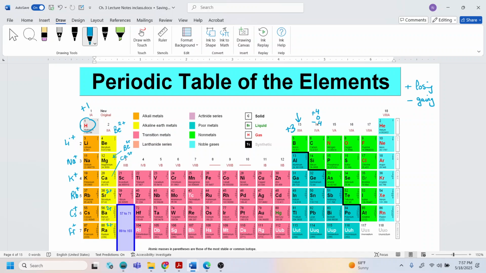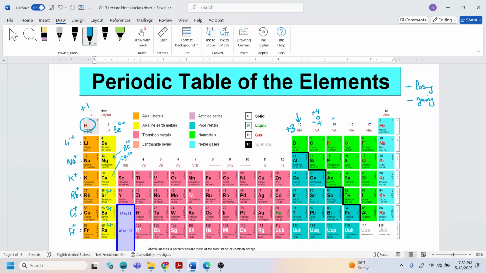This is an exception. Now, coming to the nonmetals, group number five. Normally, nonmetals gain electrons, and gaining is represented by a negative sign. So the nitrogen over here, this is group number five. Group number five gains three electrons.